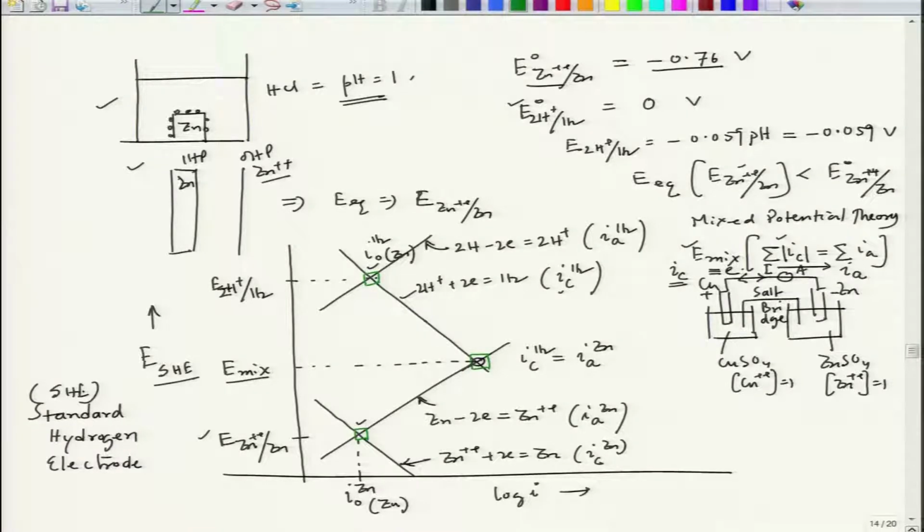Let us say I am giving them names, let us say S, T, U. Now, if I talk about S and U, there the potential is nothing but the non-corroding system.